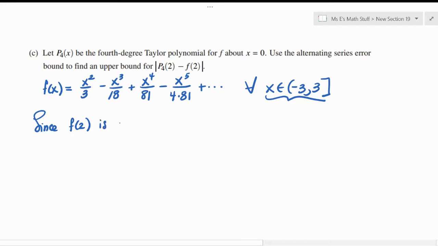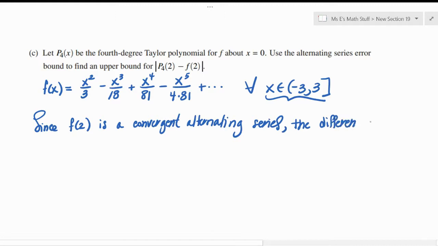So since f of 2 is a convergent alternating series, remember these words, they will help you.